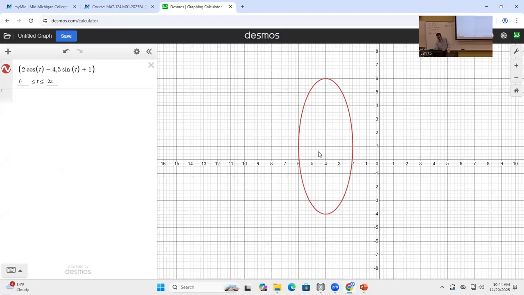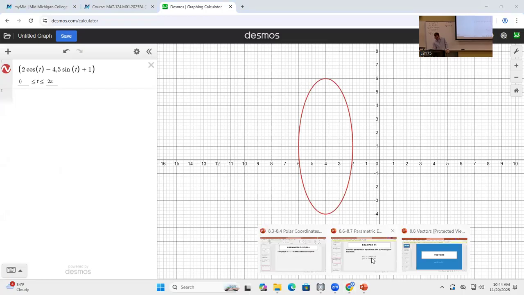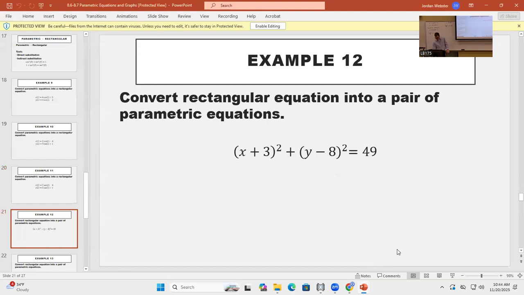That's a better drawing of the ellipse that we had in the last example. There's some elongated circular shape. Okay.